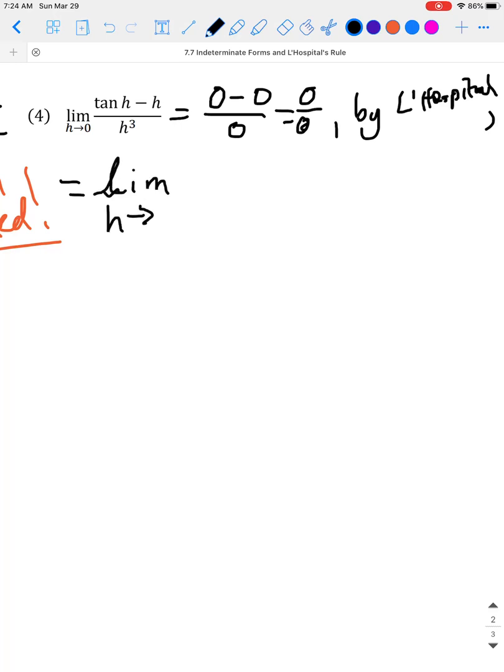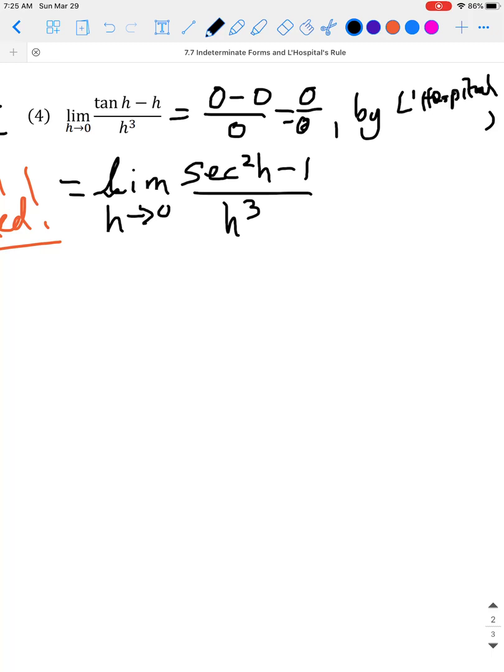So that's going to equal the limit as h goes to 0 of the derivative of tangent is secant squared minus 1 all over h cubed. And from there, we can see if we want to mess around with the secant and rewrite it in different forms.